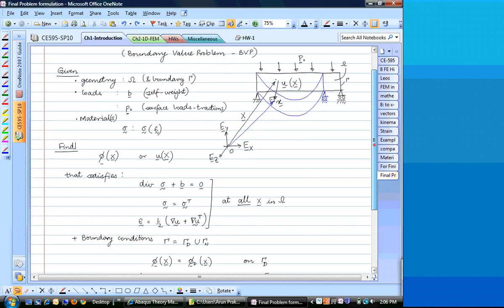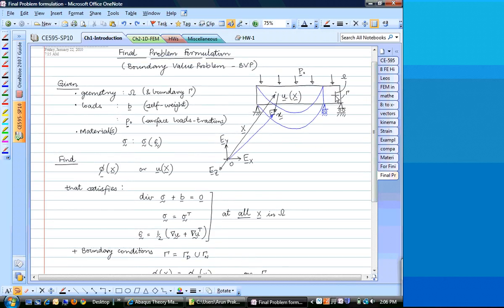So here I'm defining this structure or this initial body as omega, and its boundary as gamma. Now in the boundary, I've also denoted part of the boundary as gamma d and part of the boundary as gamma n. So what is that?